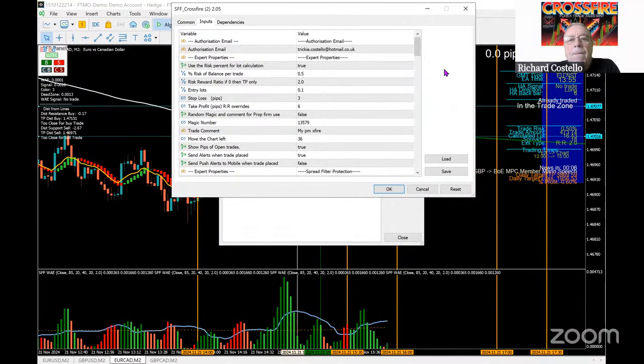So if you're on the latest version of Crossfire, which is 2.05, you need to put in an email. Otherwise, the trading assistant won't work. But the basis of the, let me just try and bring that down.